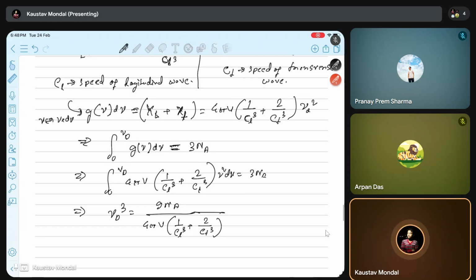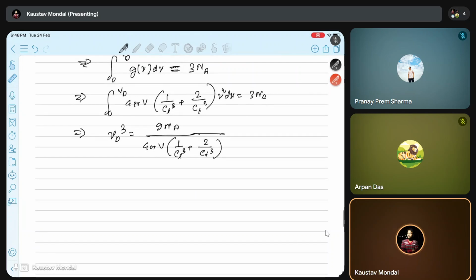So nu d is known as the Debye frequency. This maximum limit of frequency that these solids can attain is known as the Debye frequency.